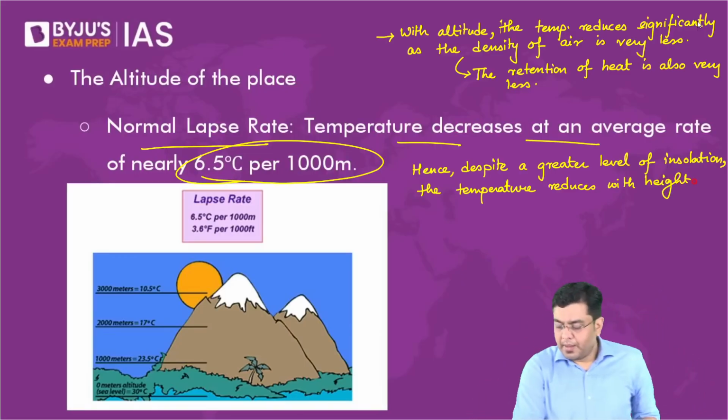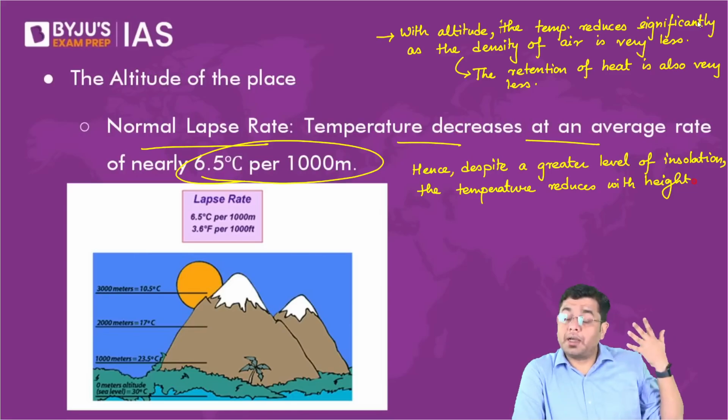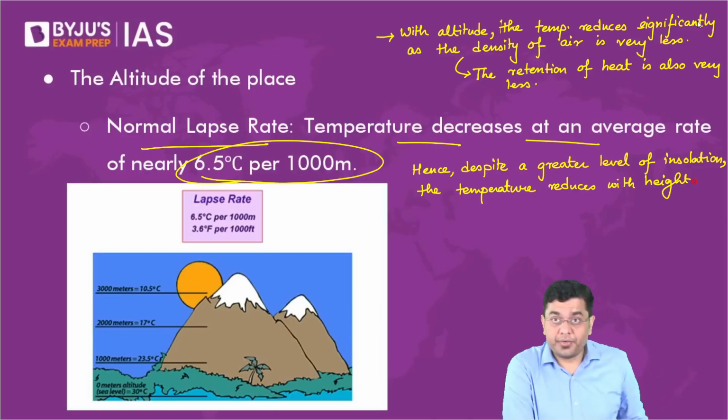Okay. And also due to the snow reflecting the most amount of sun rays, the absorption capacity is lower. Vikram, my dear friend, that will work in cases of snow-capped peaks, the regions covered with snow. But what if you consider the Tibetan highlands?